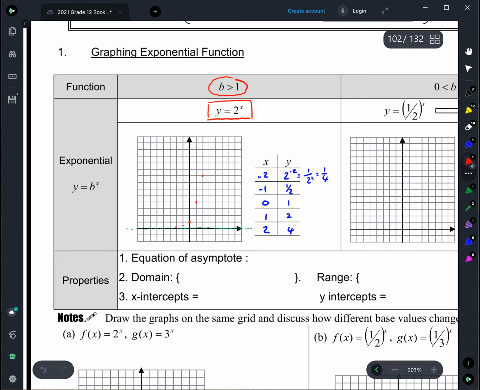So your graph should look something like this, approaching the green line, but it will never go to the negative side. No matter what exponent you put in, because the base is positive, you cannot get a negative number. So please connect the points and raise your hand once you finish the graph, okay?